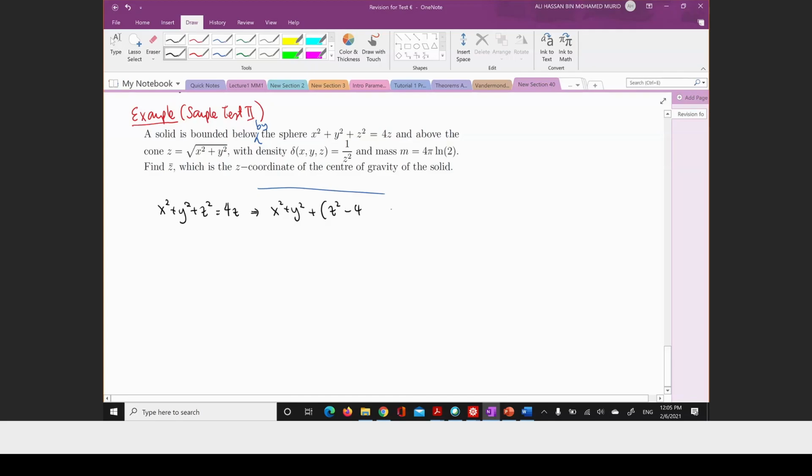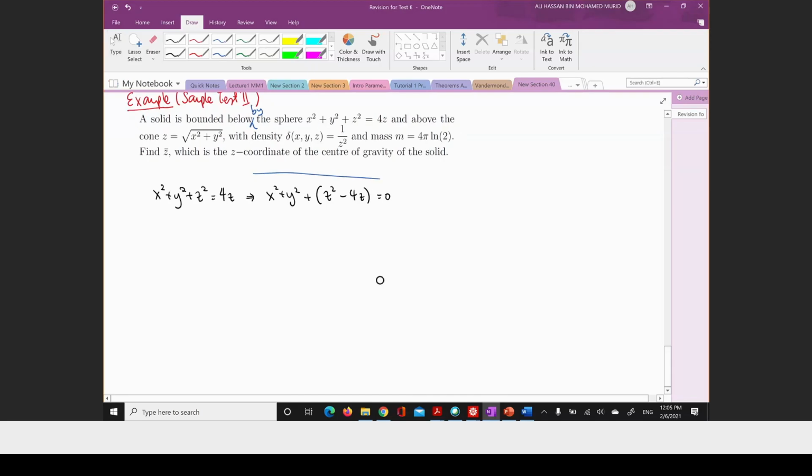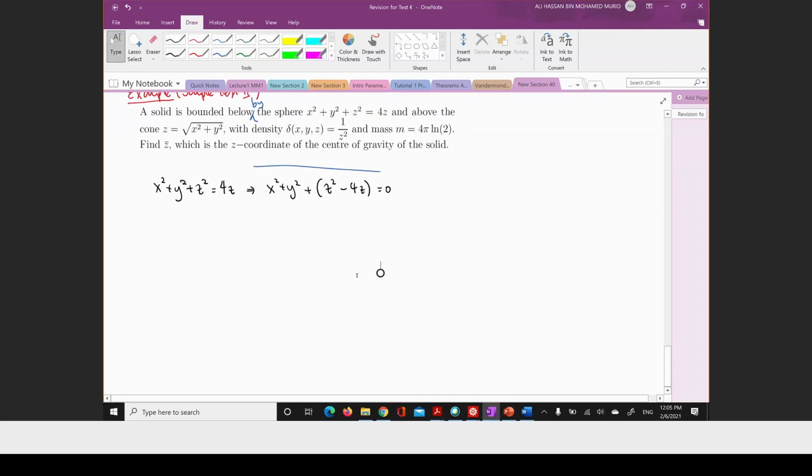You complete the square for the z term here. What do we add and subtract here? Plus 4 minus 4. Look at the coefficient of z, it is minus 4.